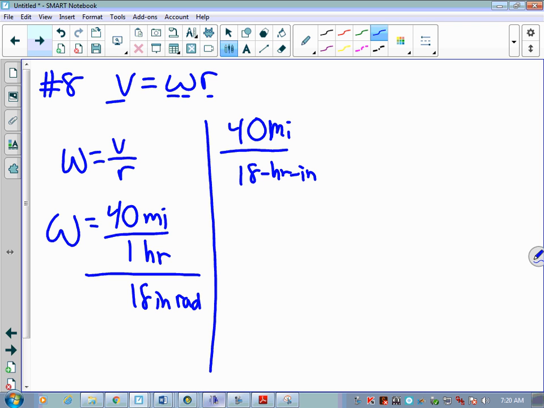And you'll notice that we have an 18-inch radius and 40 miles, so we've got to get all of our distance units the same. We're going to convert our inches to miles, and we're going to convert our hours to minutes.